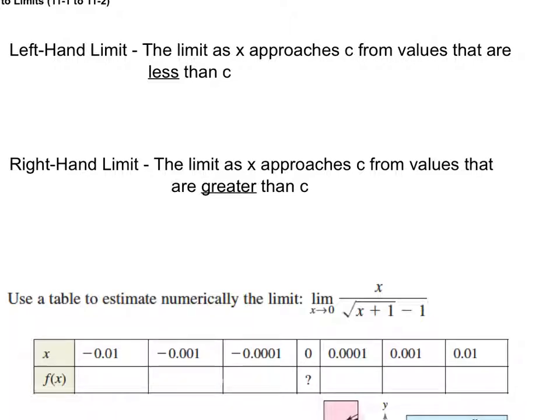The limit as x approaches c from the left is approaching it from values that are less than c, because that's to the left of c on the graph. The notation we would use is the limit of f of x as x approaches c, and then we put this little superscript negative sign there. That means that it's approaching c from the left-hand side.